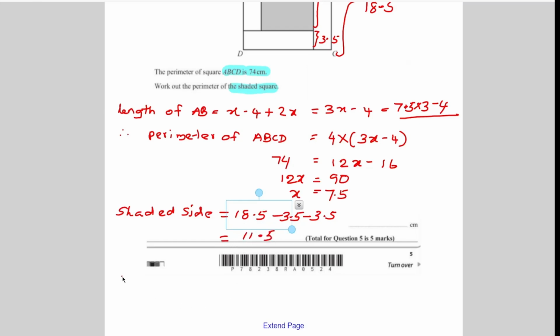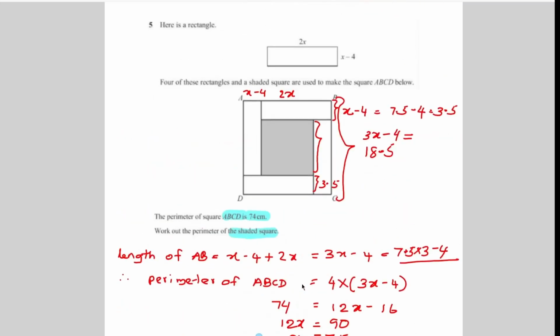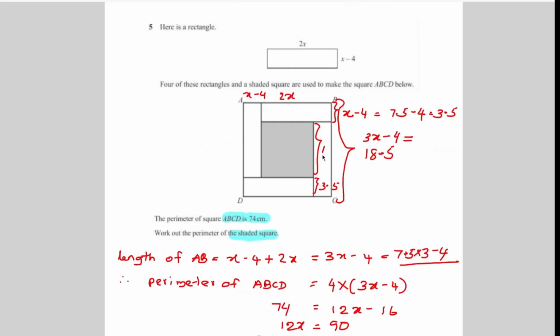Then let's get the perimeter of the shaded one. There are 4 sides since it is a square. Then 4 times 11.5. This side is 11.5. This side is 11.5 because this is a square. This side is equal to this side. This is also 11.5.